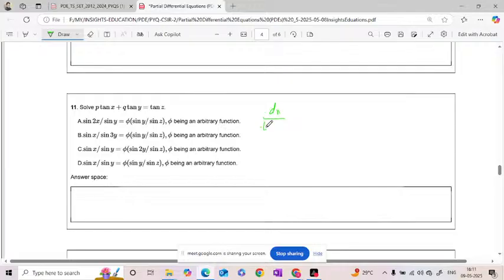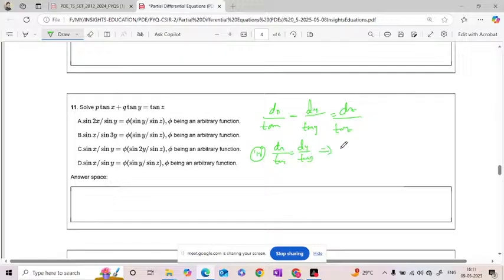dx by tan x, dy by tan y and dz by tan z. So from 1 and 2 combination, dx by tan x, dy by tan y.